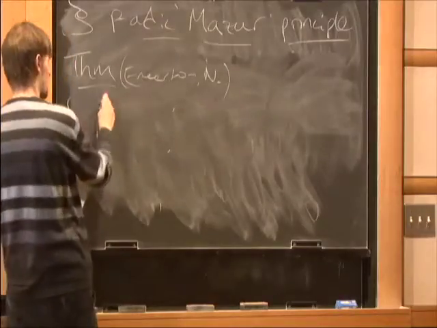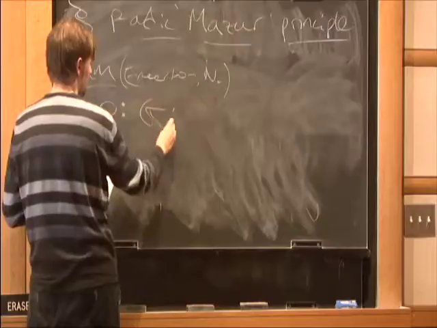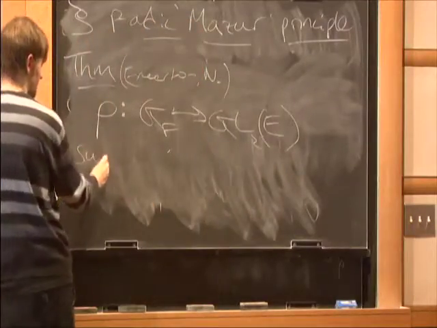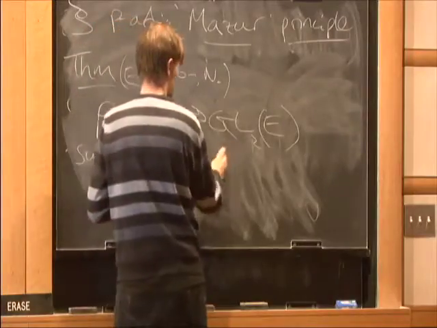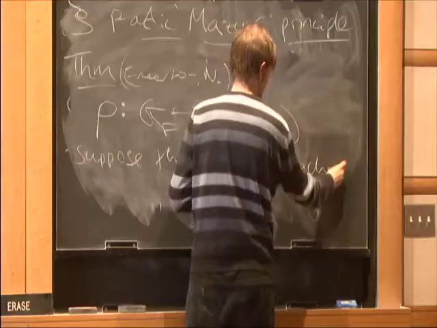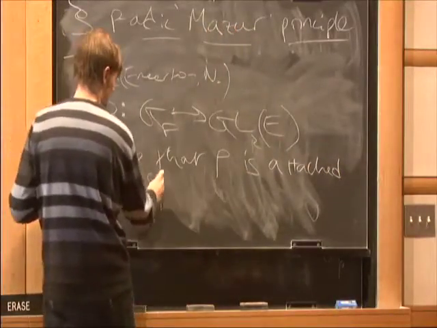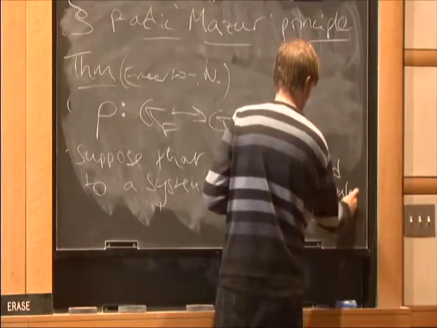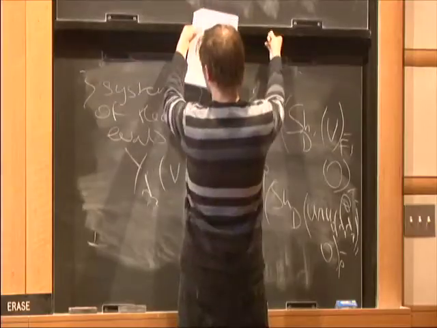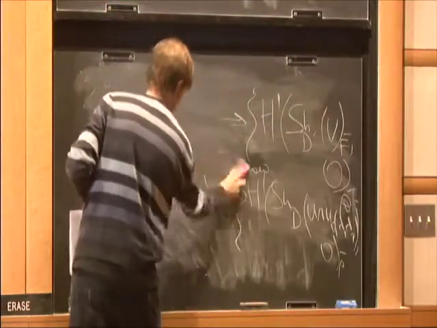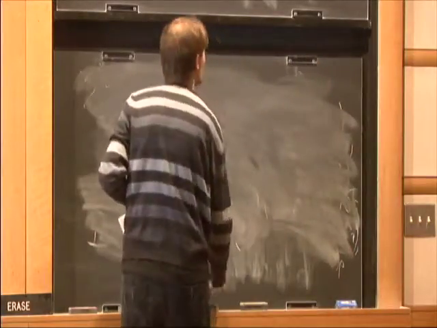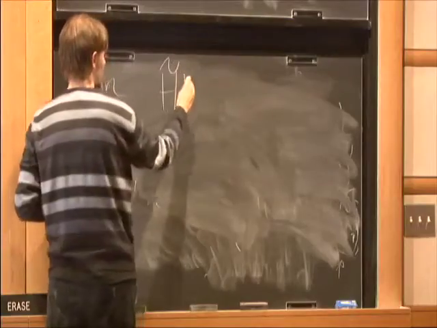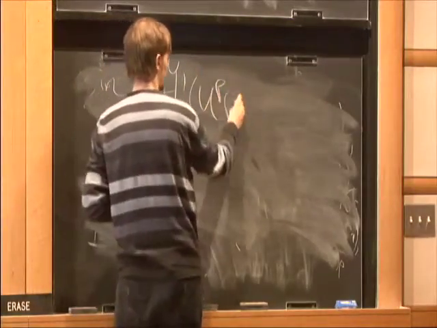So if you have an irreducible characteristic 0 Galois representation rho, G_F to GL2 of E, where E is our coefficient field, and suppose that rho is attached to a system of Hecke eigenvalues in the completed cohomology space H1 tilde of D at level U upper P, U naught lambda.